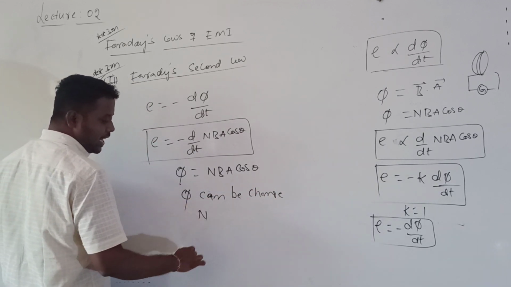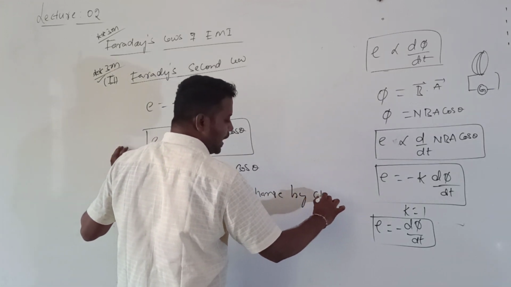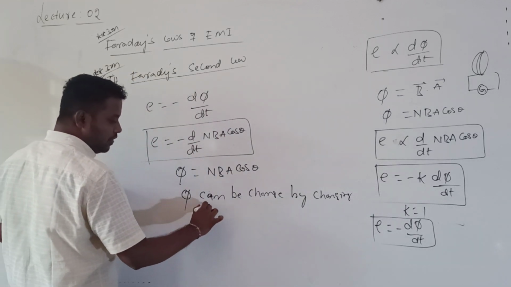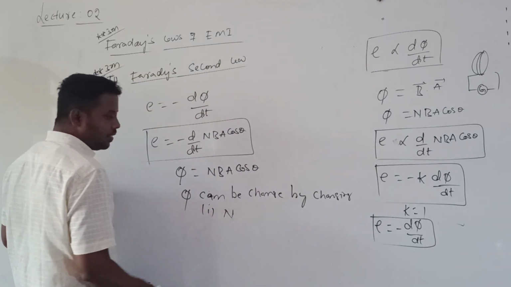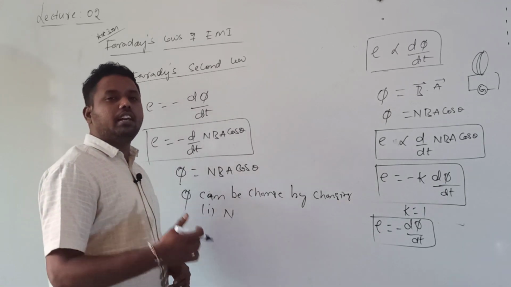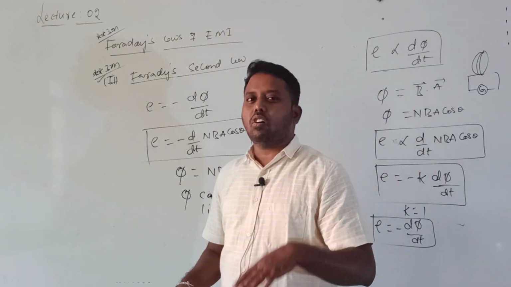By changing n. First point is n. What is n? Number of turns. By increasing or decreasing the number of turns, you can change the flux linked with a coil.